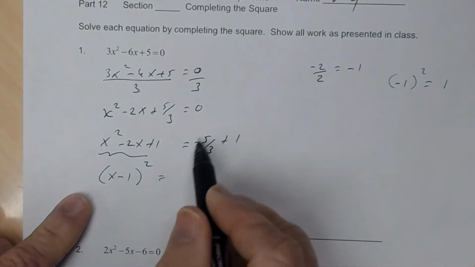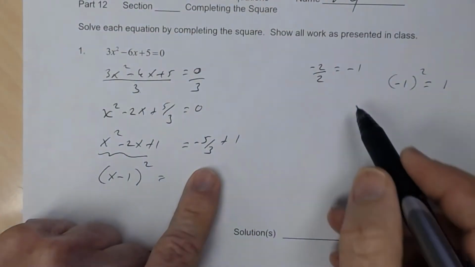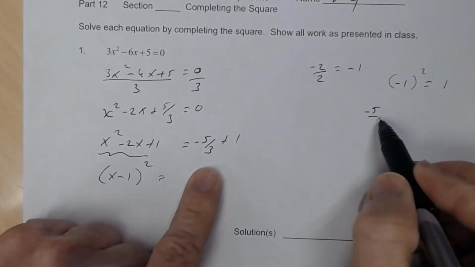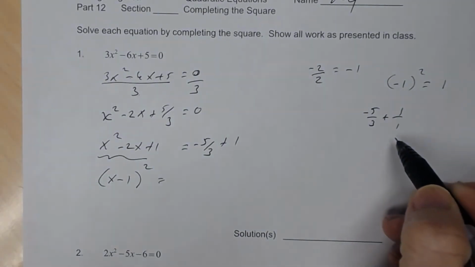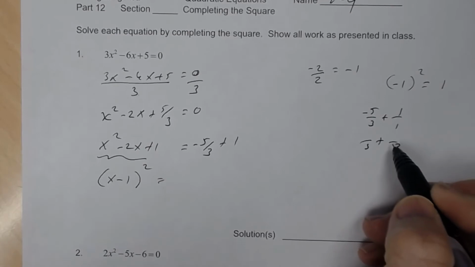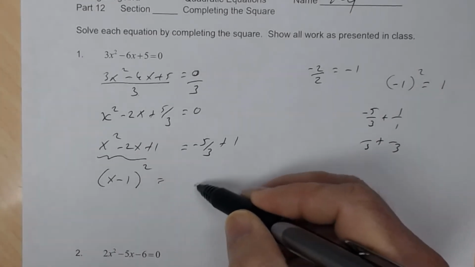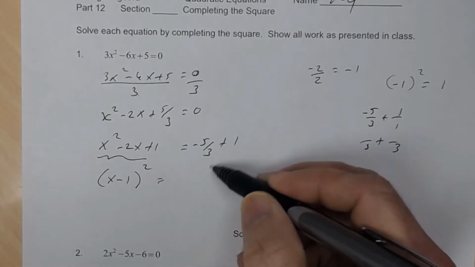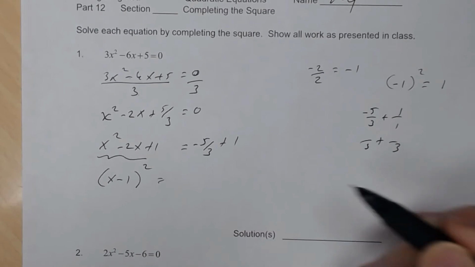Now over here, I've got to write this as one fraction. So I'm going to go off to the side and rewrite this using a common denominator of 3. So my LCD is 3. And you could use your calculator. Just make sure when you write the numerical expression, that it's a fraction, not a decimal.